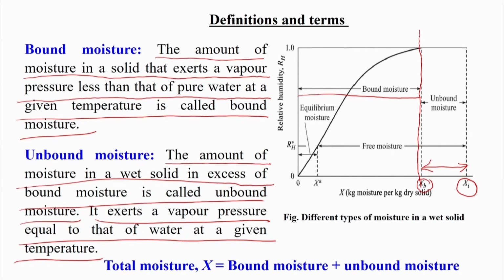If the vapor pressure of the water inside the wet solid becomes equal to that of water vapor at that temperature and pressure, then the excess moisture over the bound moisture is regarded as unbound moisture.